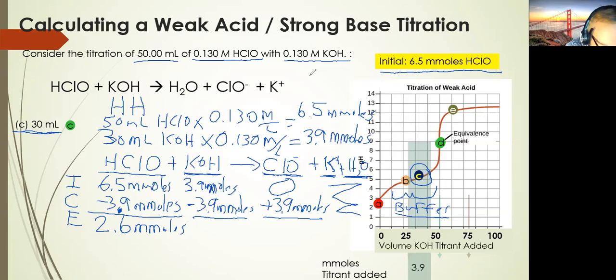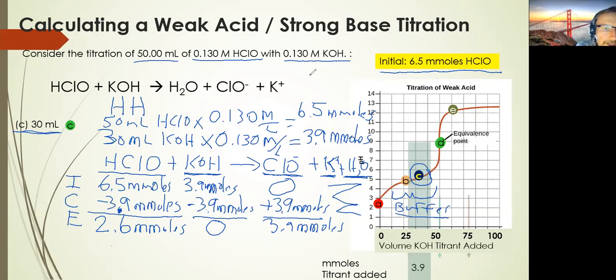The KOH, of course, has gone down to 0, it's completely reacted, and the conjugate base of our weak acid, ClO minus, has gone up by 3.9 millimoles. All right, so now we have the basis for calculating the pH.